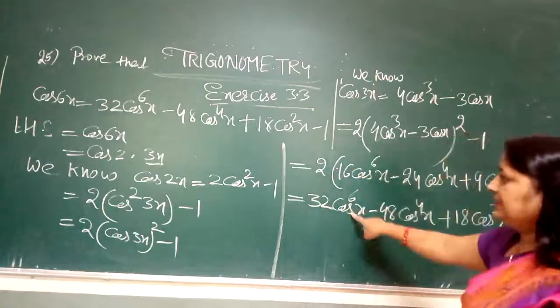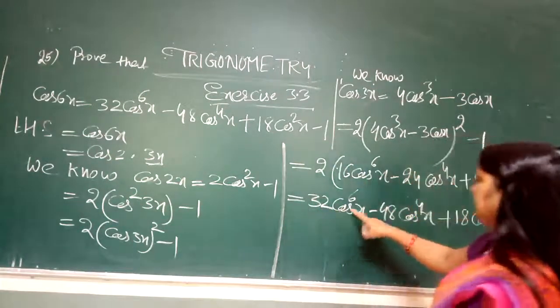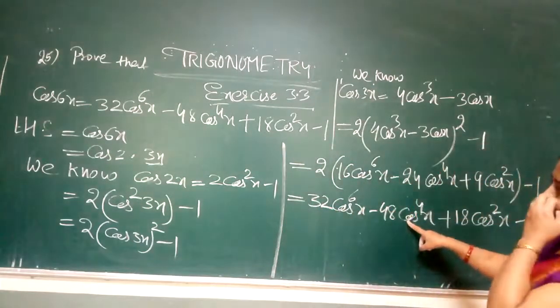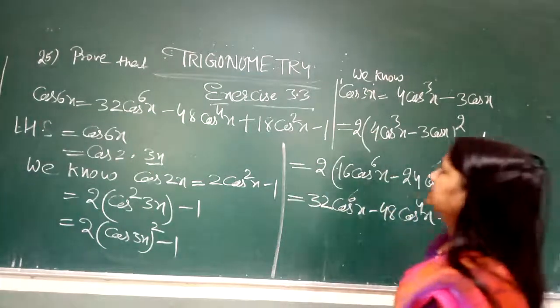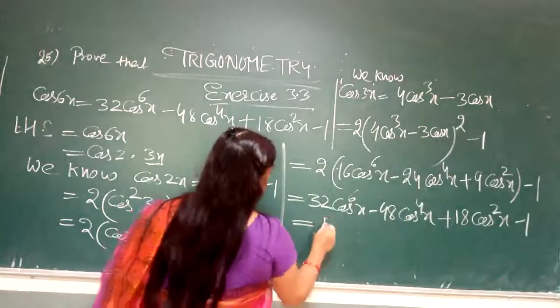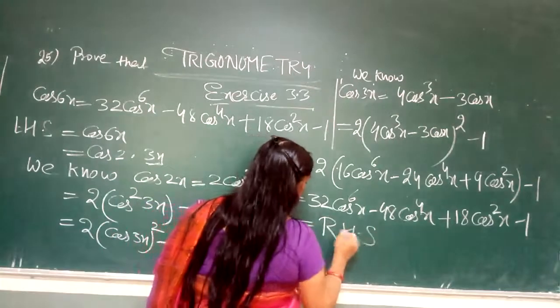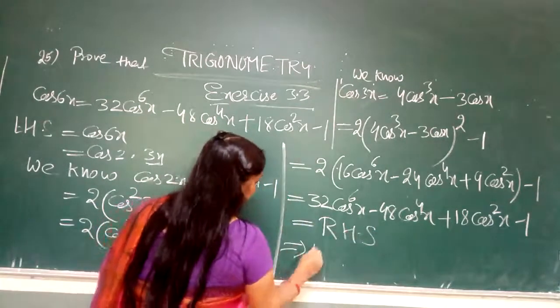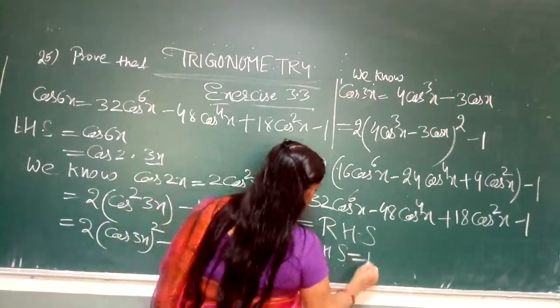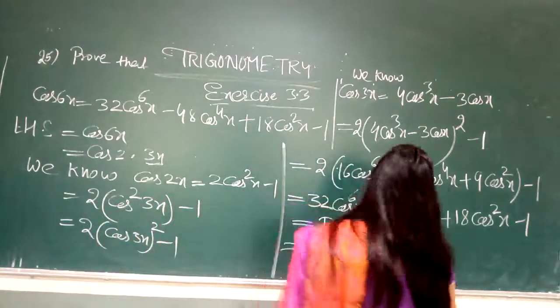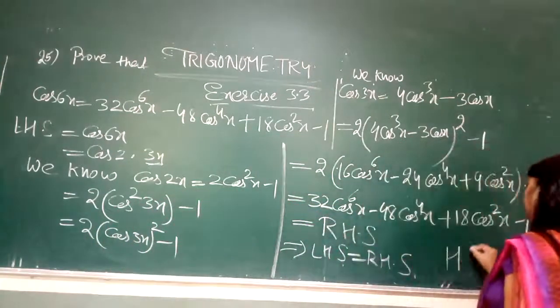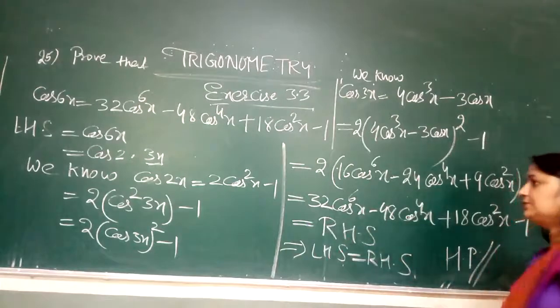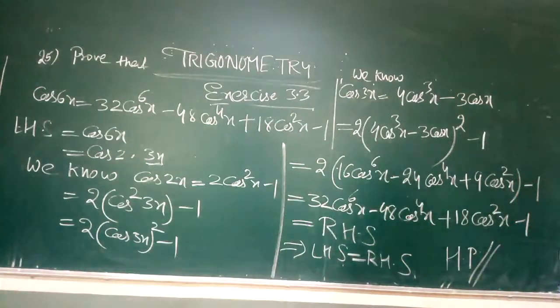Check your right hand side, this is the same: 32 cos 6x minus 48 cos 4x plus 18 cos square x minus 1. That is equal to the right hand side. Now LHS is equal to RHS. Now this question is proved, hence proved. This is the solution of question number 25. Now students, in this way you can solve this exercise. Now thank you students.